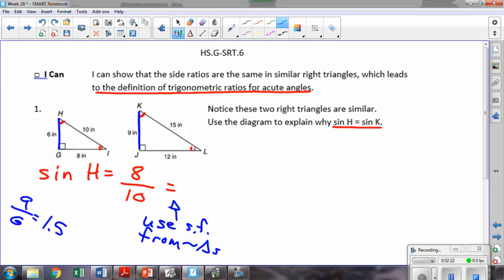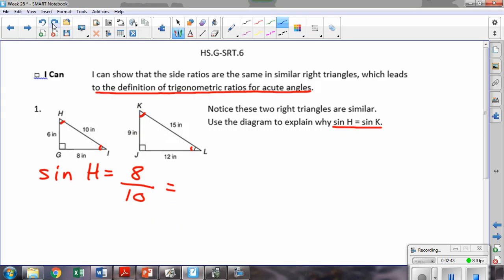That's not the only one that you could have used. We could have also used 12 over 8, which would have given us 1.5. We could have used the corresponding pair 15 over 10, equal to 1.5. Ultimately, it doesn't matter which pair of corresponding sides you pick, just as long as you recognize that this scale factor is 1.5.